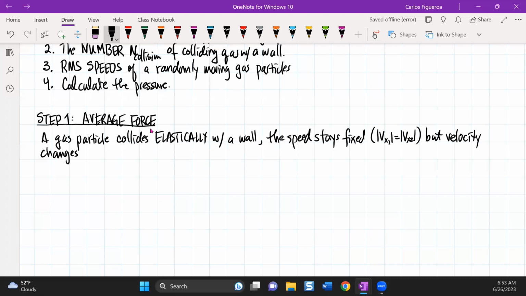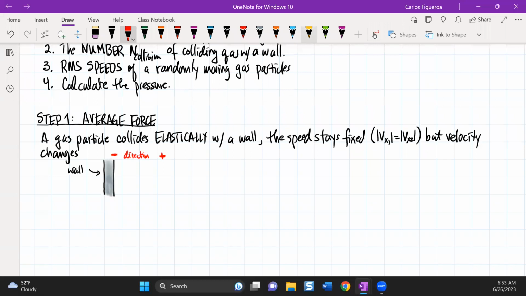So let's look at this. Here's my wall, the wall of the container. I'm going to make this my negative and positive direction.